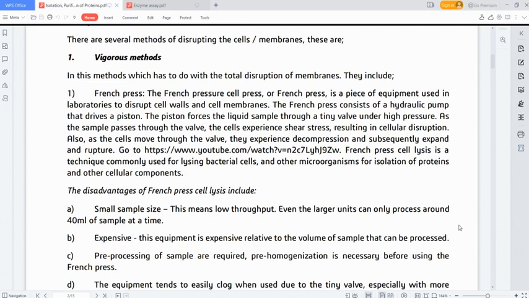When it presses down, it releases itself by force, thereby tearing the cells apart, and they get ruptured. So it finds a way of using the shear forces to disrupt the membranes of the cell.